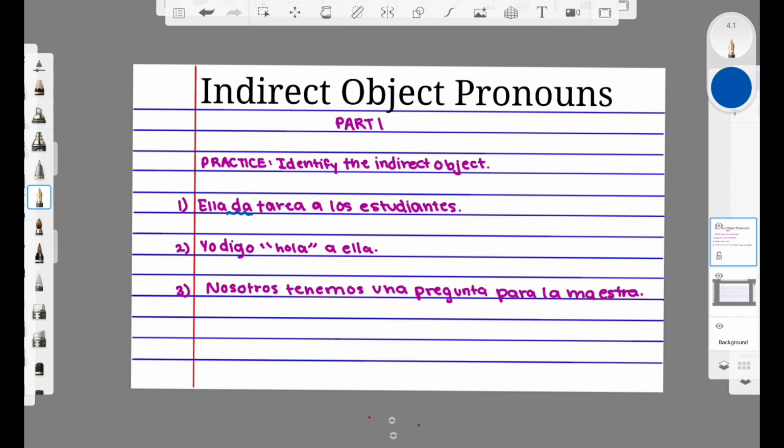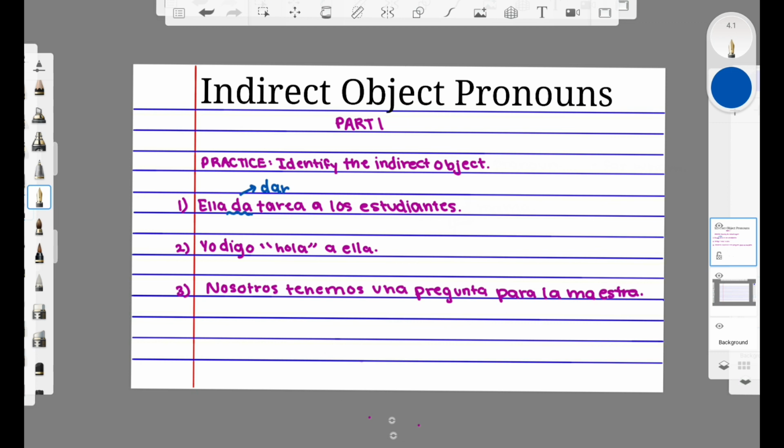So that's why it's very important to get familiar with different types of vocabulary of verbs. Also, know your conjugations very well so that you can immediately recognize this is from the verb dar, which means to give, except it's just conjugated for the ella form.